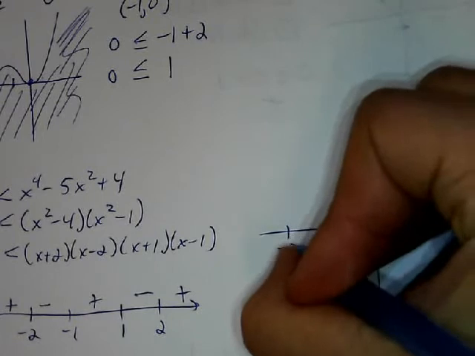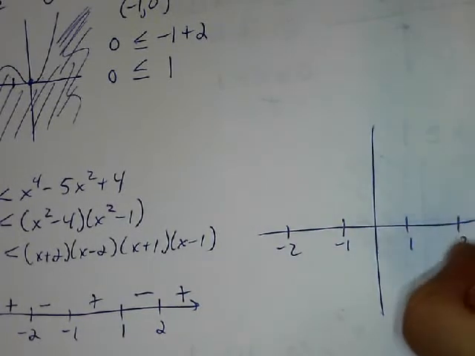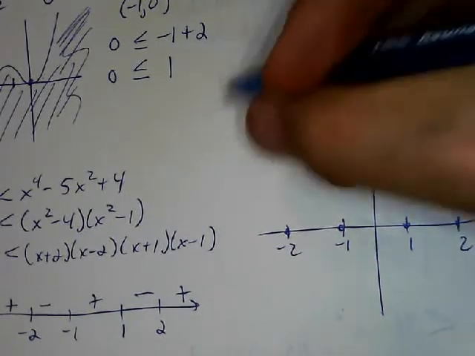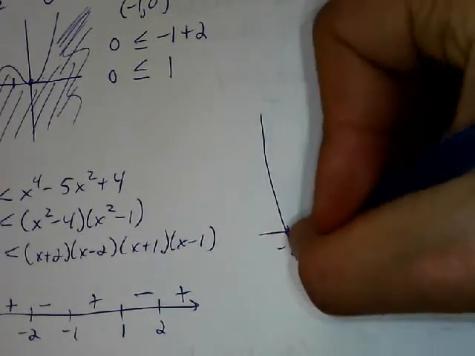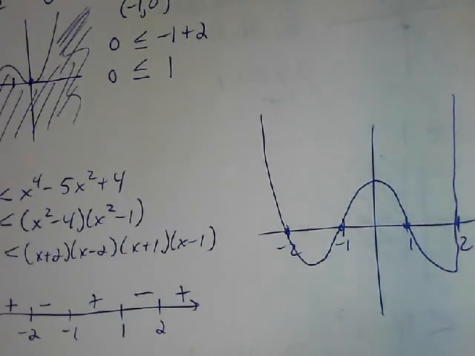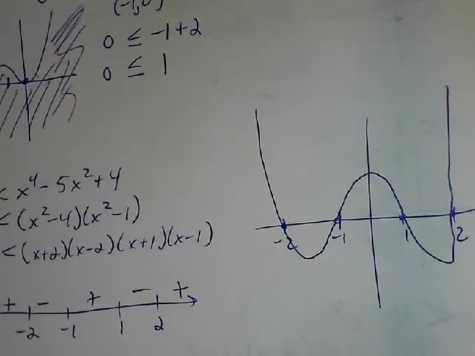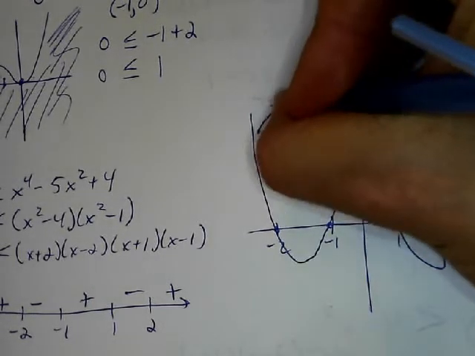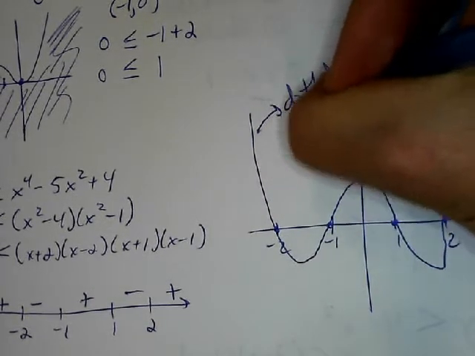You have negative 1, negative 2, 1, 2. And again, we can see the W shape. Positive, come up. And again, I did it again. It's supposed to be dotted, so I'm going to make a note here that it's dotted.